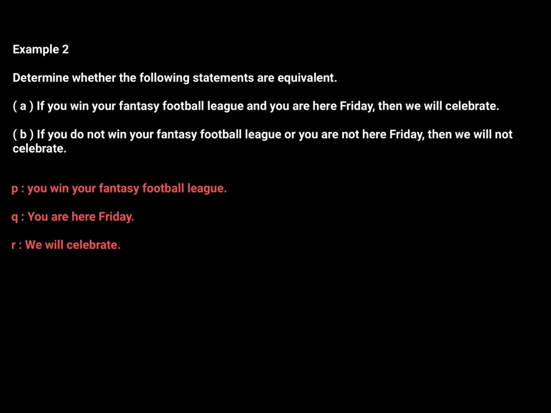This is a conditional statement. It's an if-then statement. If, here comes the antecedent. If you win your fantasy football league and you are here Friday, all of that is before the comma. All of that is the antecedent. And please notice the and.